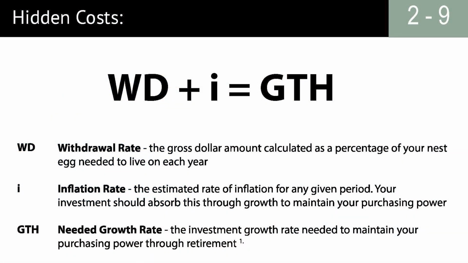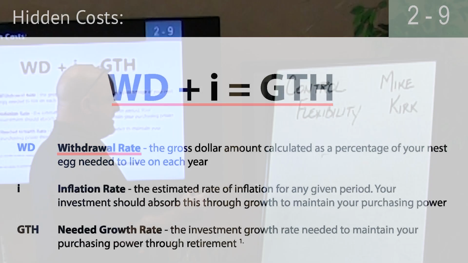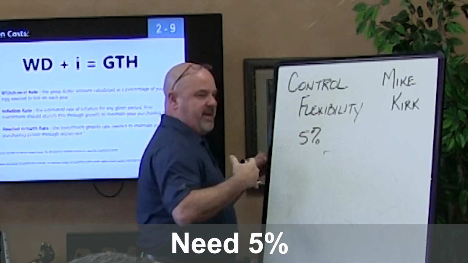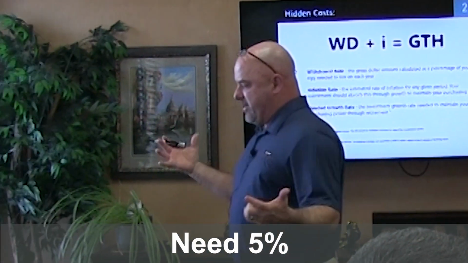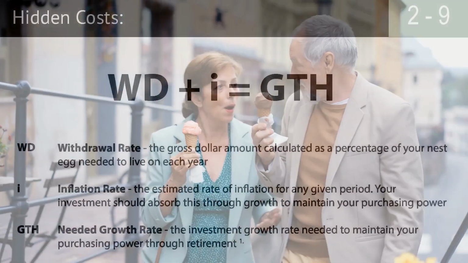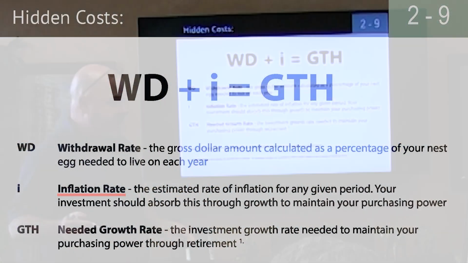So, what do we need to earn on our money while we're retired? This is a simple calculation. Withdrawal. Let's say that we need 5%. We've done the math. We feel like if we have 5% of what our nest egg is currently, that we're going to be able to live the lifestyle that we want to live. I'm going to go back to inflation. I'm going to still use 3.